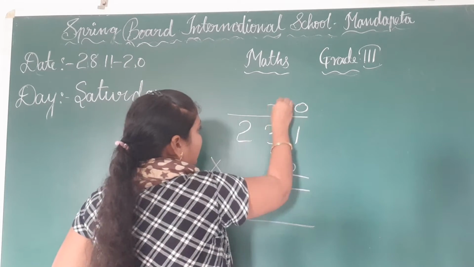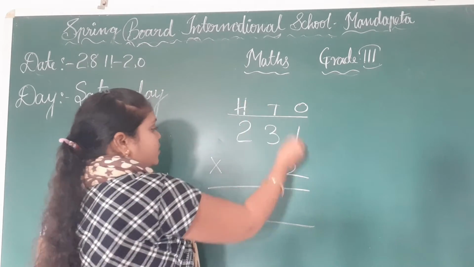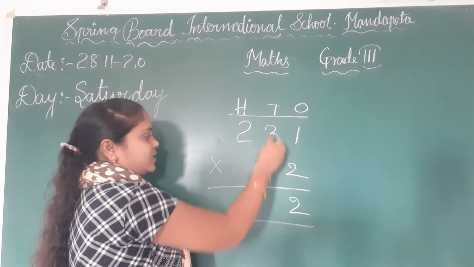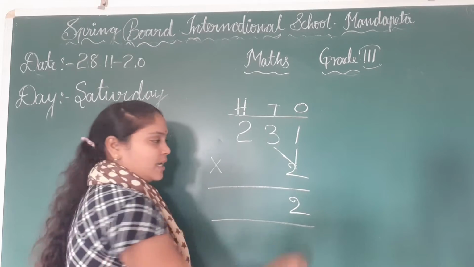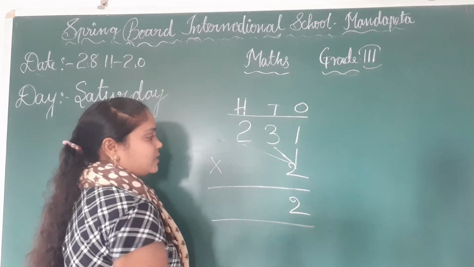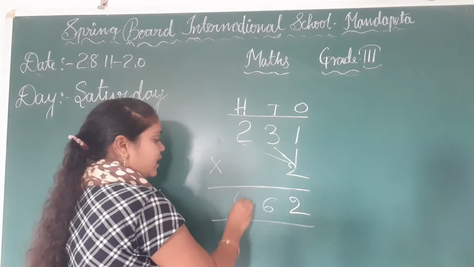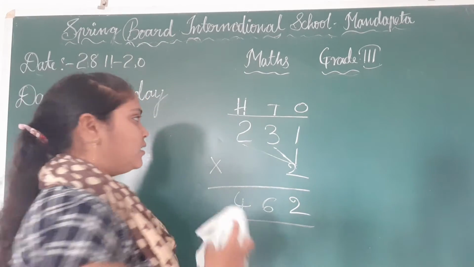Multiplication always starts from the ones place. So 2 ones are 2. First multiply with the ones place, next the tens place and the hundreds place. Now 2 threes are 6. 2 twos are 4. You have to do it like that, children.